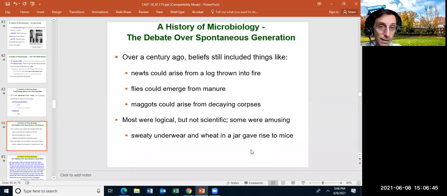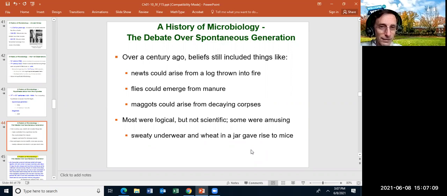And people would say, you put the log in the fire, spontaneous generation of a newt, and it crawls out of the fire. Of course, in reality, the newt was probably in the bark of the log, and the newt felt the heat of the fire, and so that's why it crawled out of the fire.